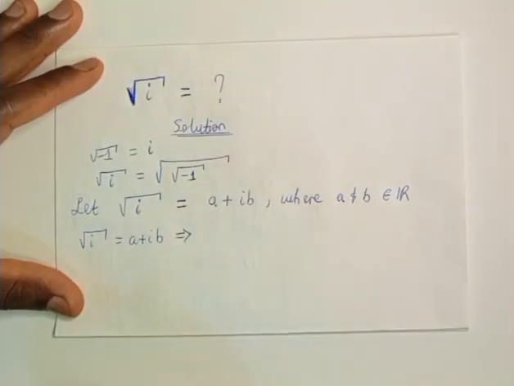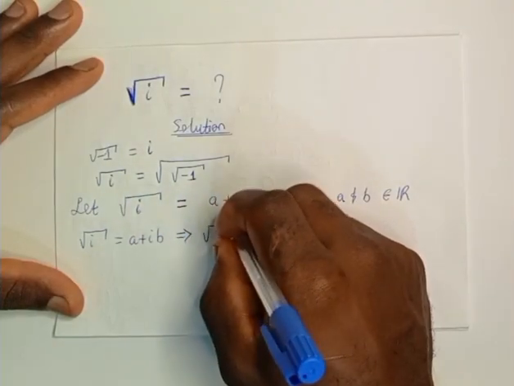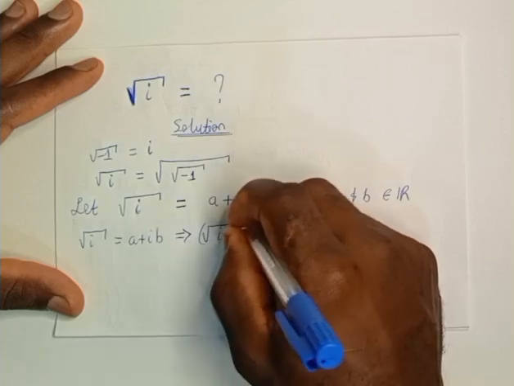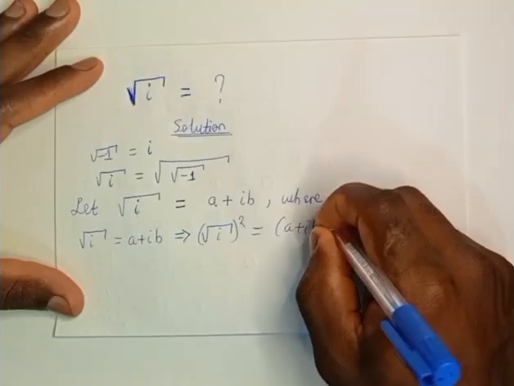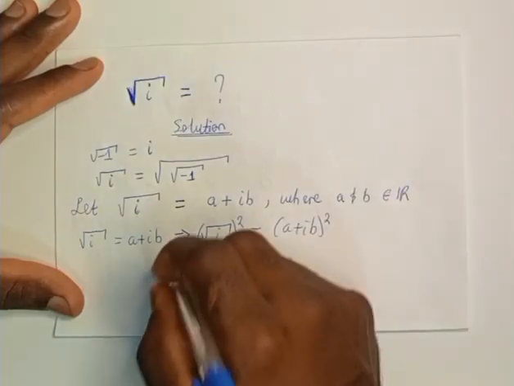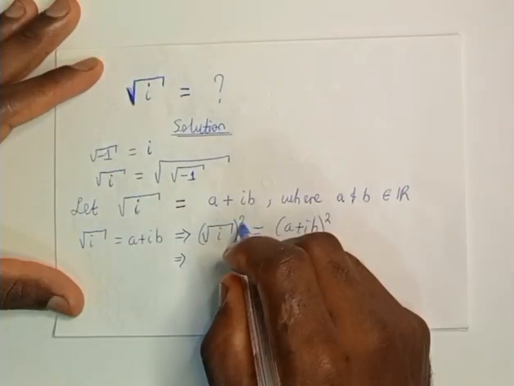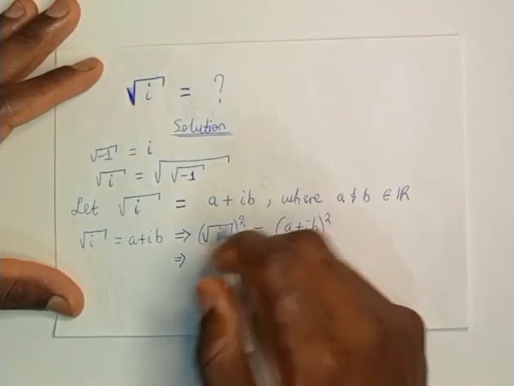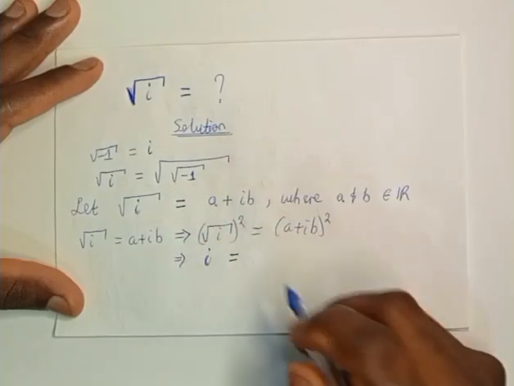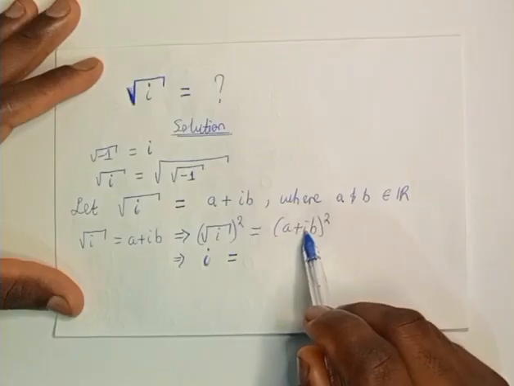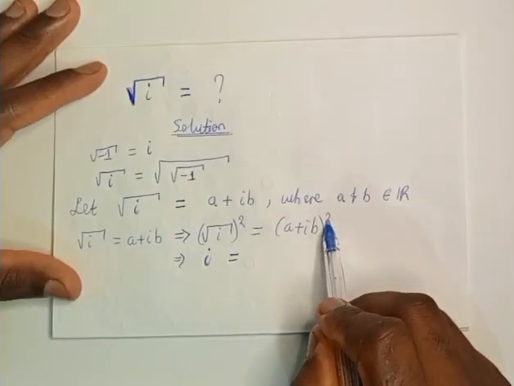Then, if we square both sides, the square root of i, all this squared, will be equal to a plus ib, all this squared. The square root of i squared gives us i, equal to squaring a plus ib squared.